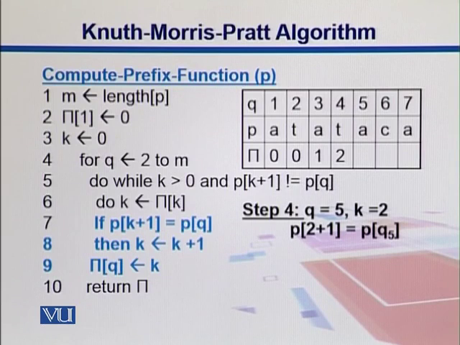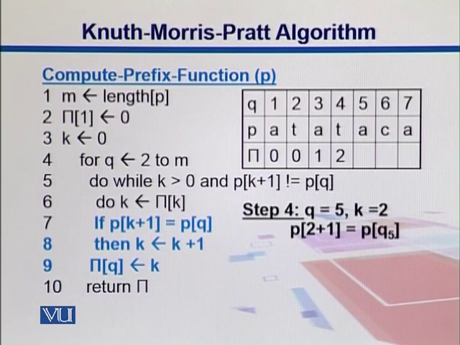But P of K plus 1, that was P of 3. We have the nucleotide A, and we are comparing with P of Q. Was that not equal to, as per line 5? No. So we won't go there. Is it equal to? At position number 5 we have A, and at position number 3 we have A. So yes, it is equal to.